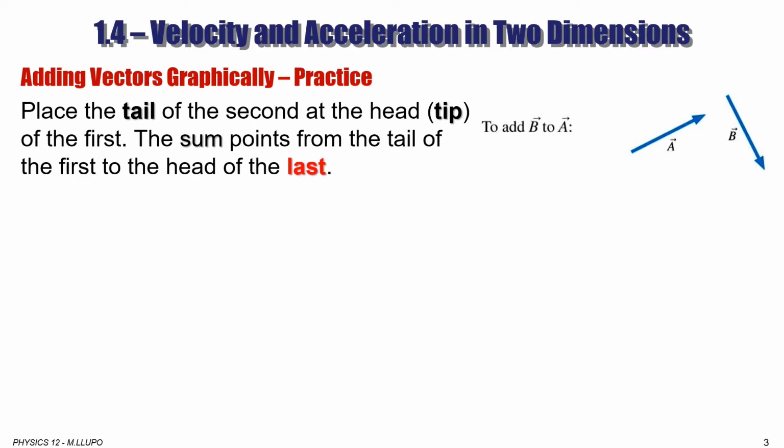Now, adding those vectors graphically, as I mentioned, let's do a practice. Tip to tail, you have vector A and vector B. That can be velocity as well.